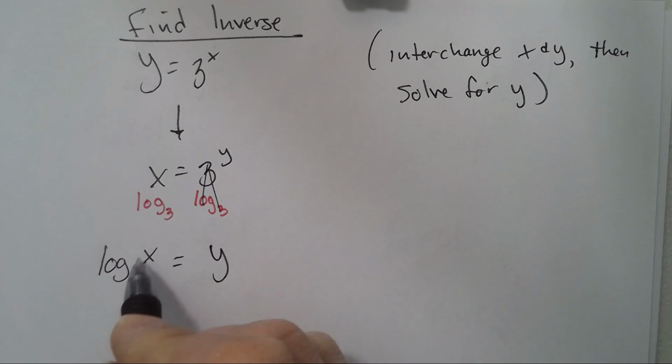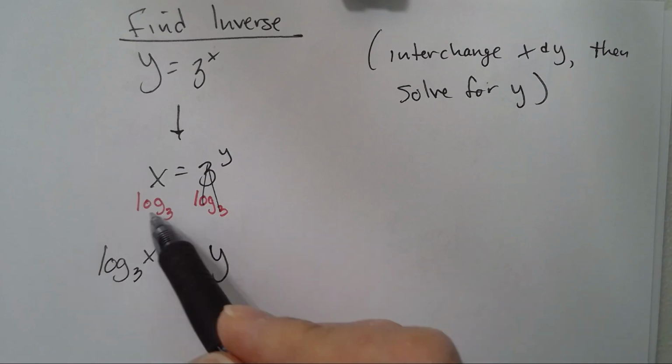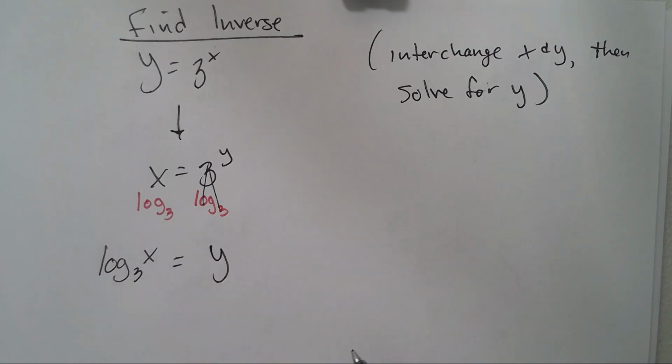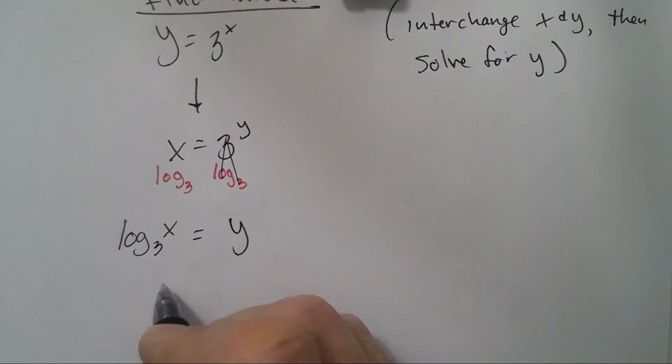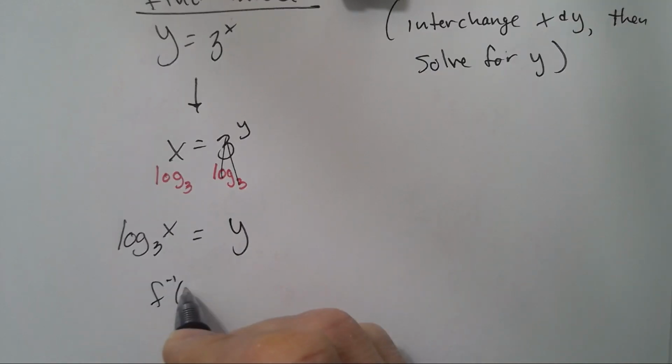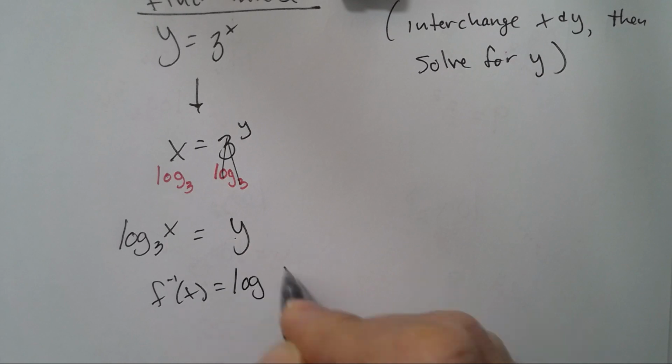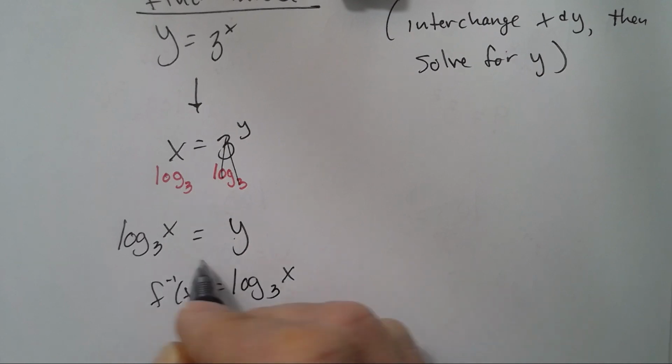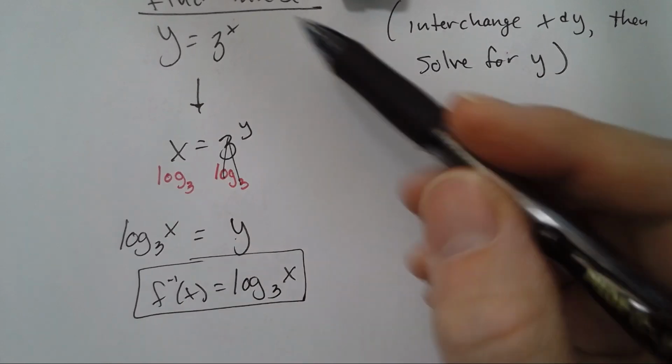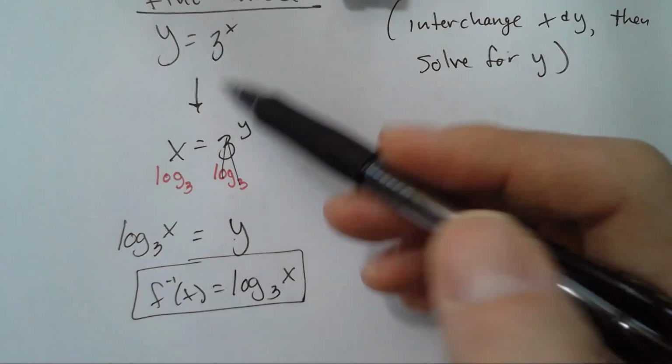We're taking the log base 3 of x. And we're done. So f inverse of x is y, is the log of x base 3. So just interchange x and y and solve for y.